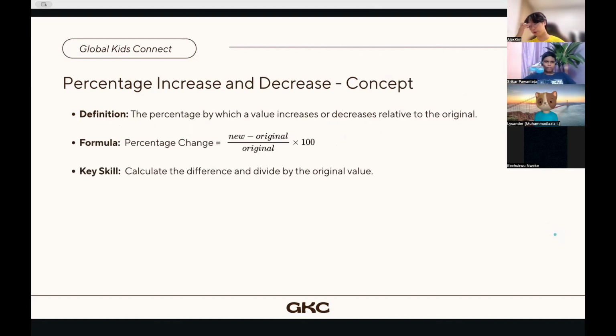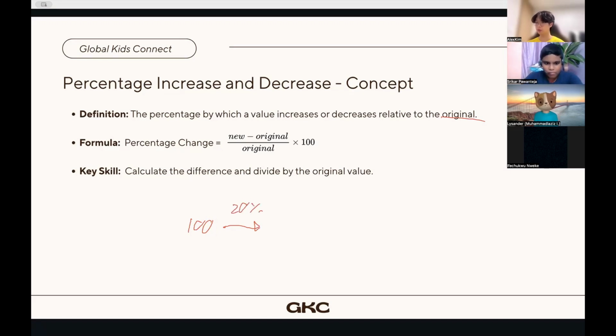So we come up to our third concept for percentages, which is percentage increase and decrease. And so what we mean by this is the percentage by which a value increases or decreases relative to the original value. So this kind of means that if we are given an initial value or the original value of, let's say, 100, and then it says we increase this by 20%.